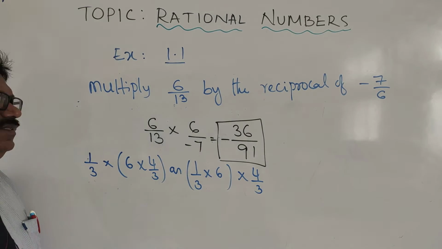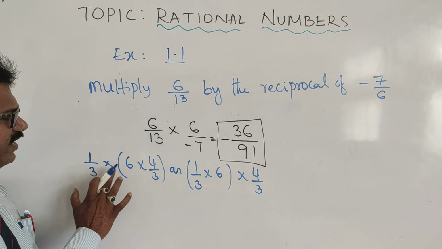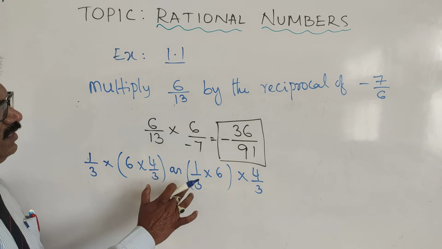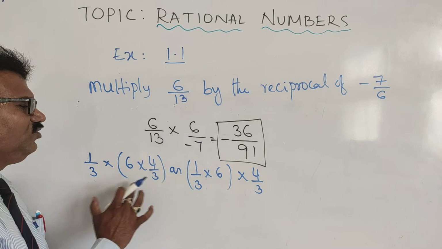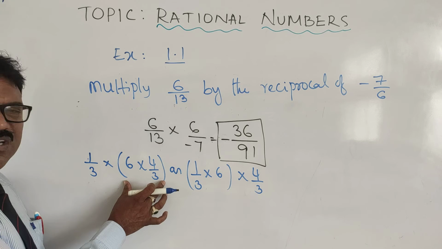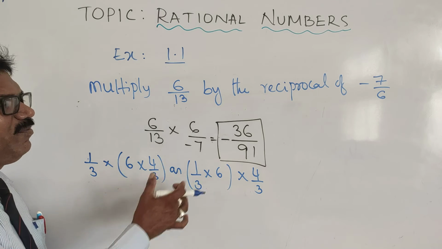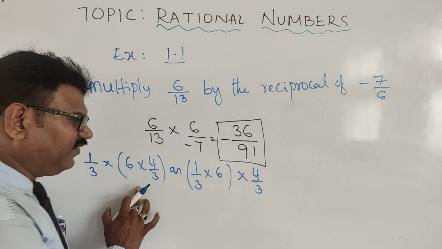Anyone? Here how many numbers are there? First number, second number, third number. Here also first number, second number, third number. If you see this and this, what is the difference? The only difference is the bracket. We are shifting the bracket. In which property do we use this bracket shifting? Very good.